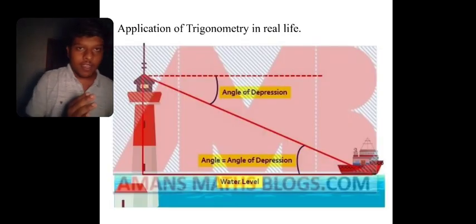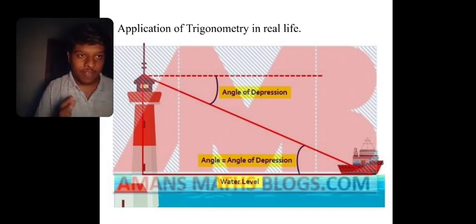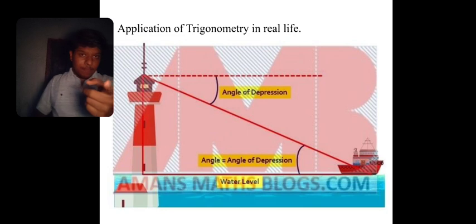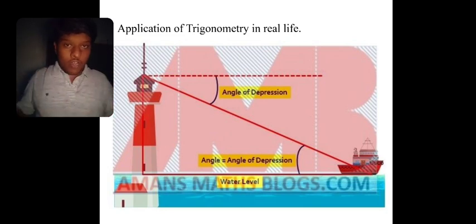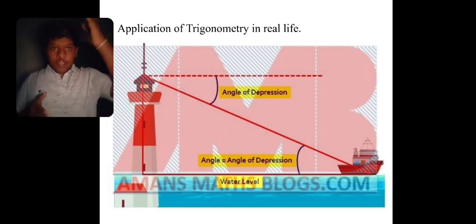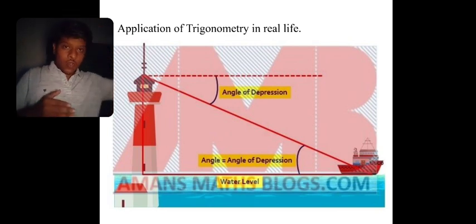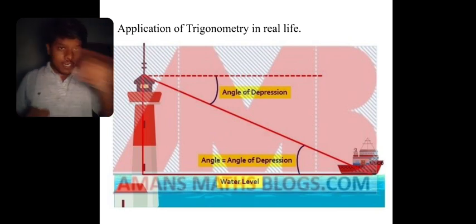Now, in the last part of my session, the application of trigonometry in our real life. For example, I want to calculate the horizontal distance between a ship and the seashore. I know the height of the building at the seashore, and using some instrument I can find out the angle.